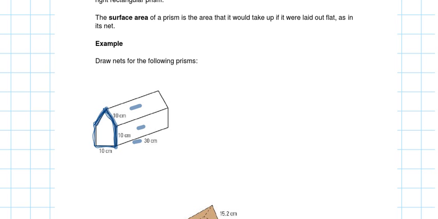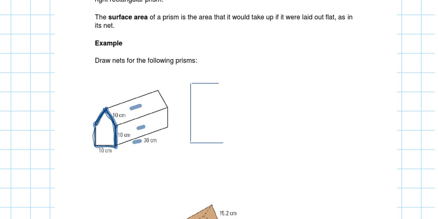So this is how my net is going to look. I'm going to try my best, okay? So you're going to have the 5 rectangles. Okay, so that's 1. They should be equal to each other.